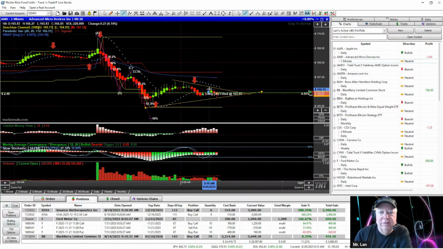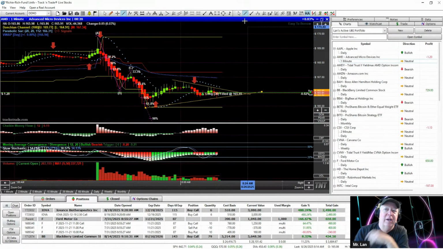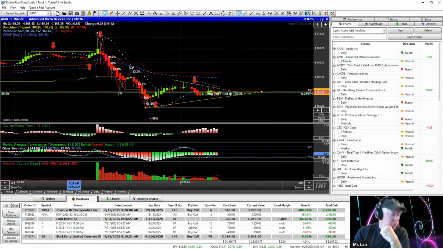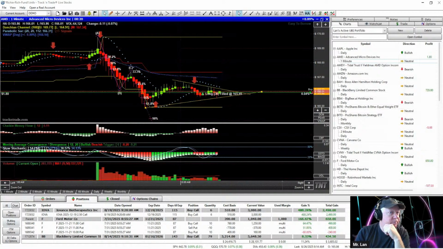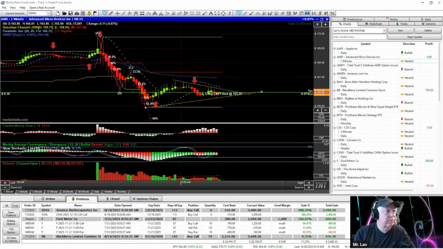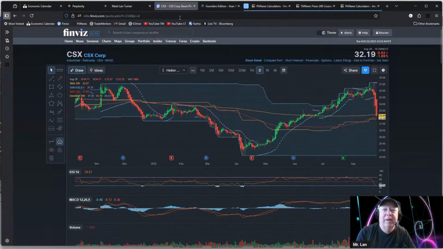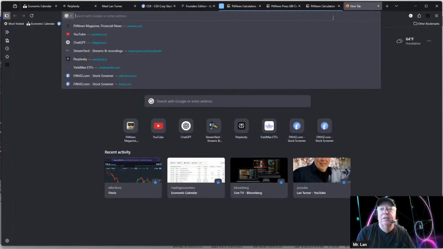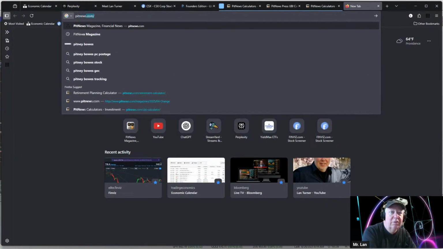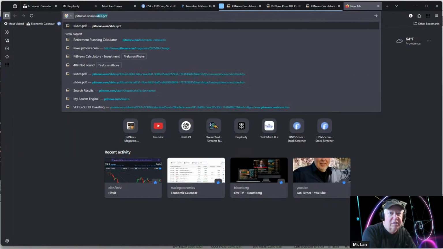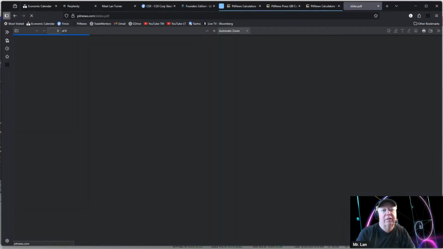So this is down. First green's red. It should break higher. If you want to see that, I'll show you the little pattern in the manual. Where is the manual? I'm going to pull it up for you. It's called pitnews.com/slides.pdf.